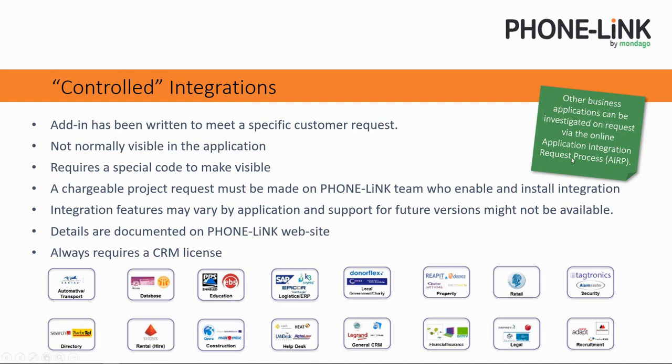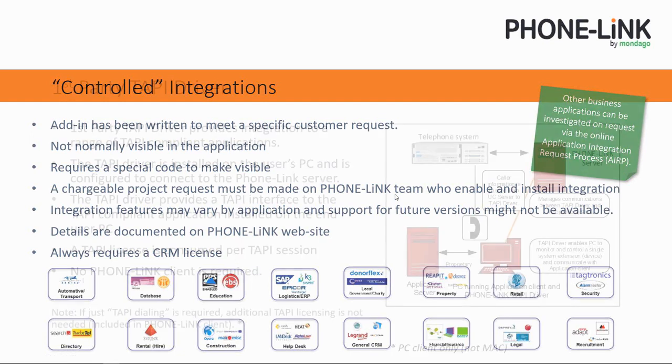So we have a process called Application Integration Request Process, AIRP. And probably the best thing I can suggest is, when you come up against that particular situation, speak to your Pragma account manager, and they will be able to help guide you through the AIRP process.